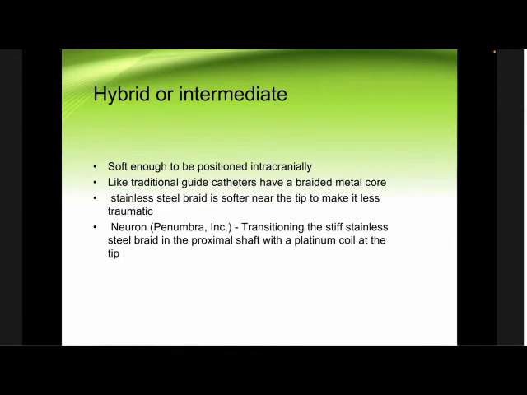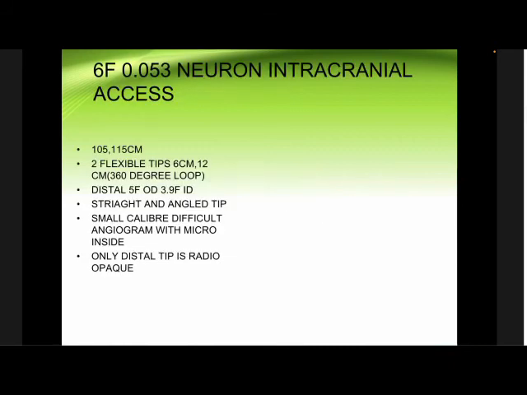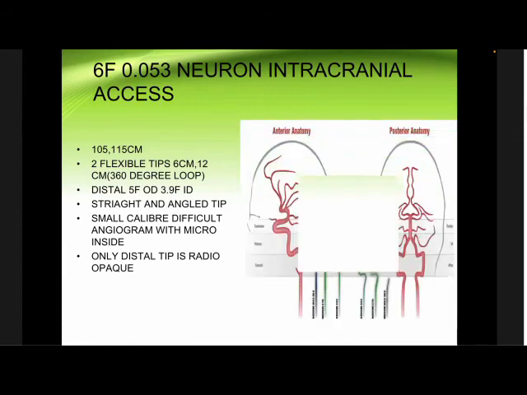It has a transitioning of the stainless steel segment in the proximal shaft with a platinum coil in the distal tip. So the classical Neuron intracranial access device is 0.053, which has got a softer tip, and we can see that it is able to be placed even in the cavernous segment, compared to the Neuromax, the classical guiding sheath, which can be maximum put up to the cervical segment.